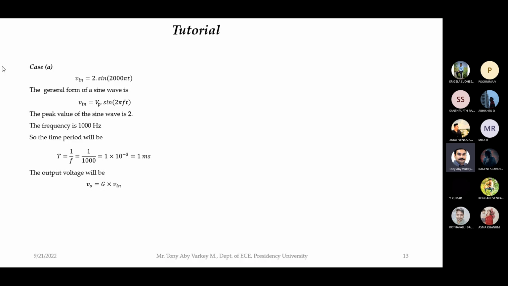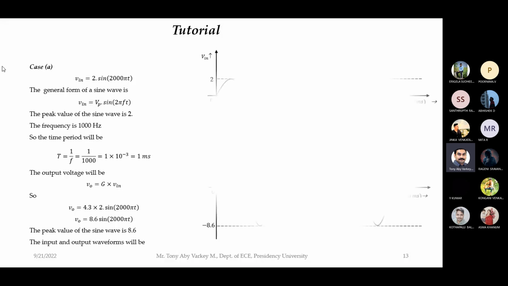So it will become 4.3 into 2 into sine 2000 pi t, which is 8.6 sine 2000 pi t. So what is the peak value of the output voltage? 8.6 is the peak value of the output voltage.